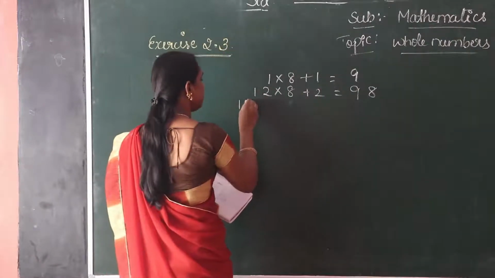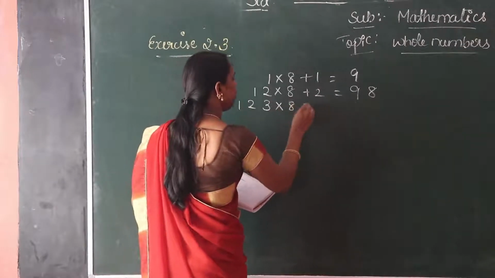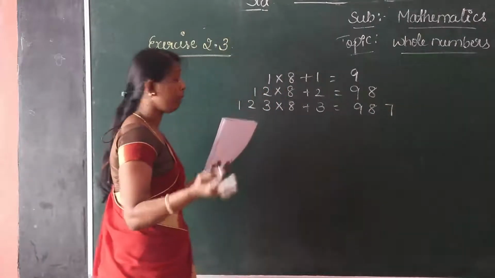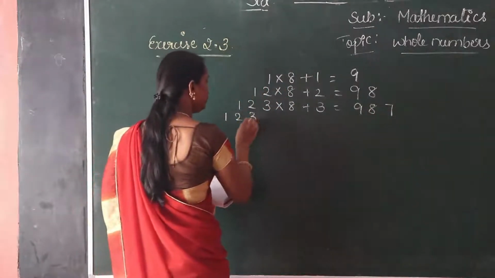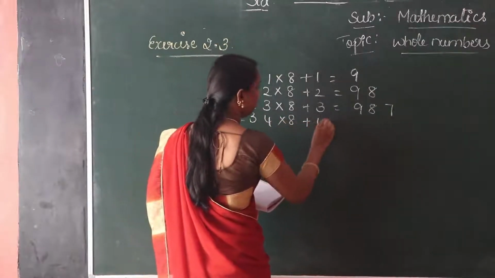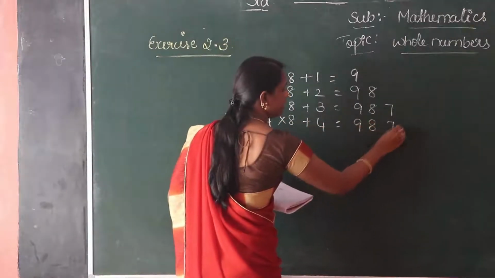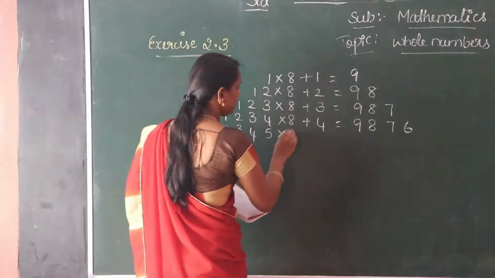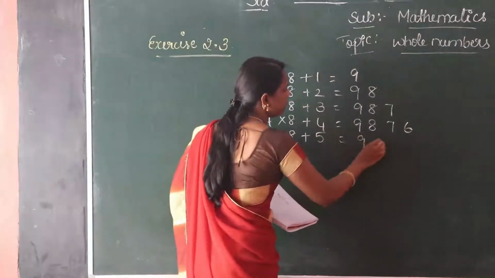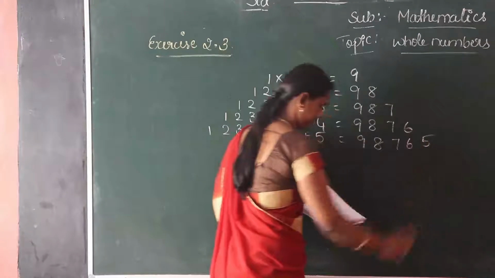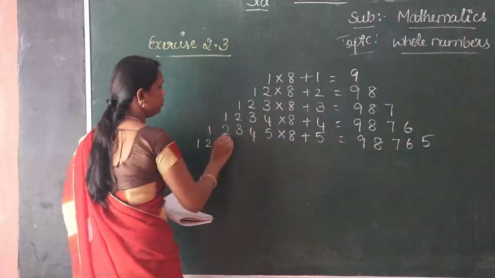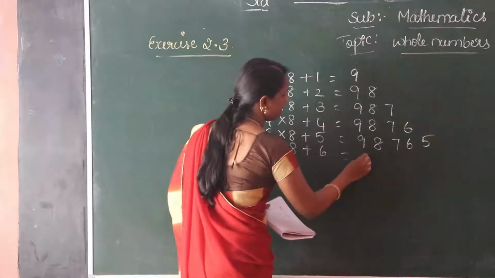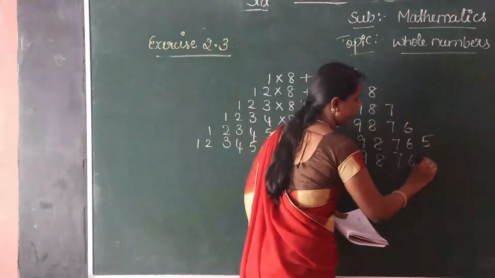Like that, here is a pattern. You are writing blindly, so you get the answer 987. If you have doubt, you have to multiply yourself. 1234 into 8 plus 4 you get 9876. 12345 into 8 plus 5 you get 98765. 123456 into 8 plus 6 you get 987654.